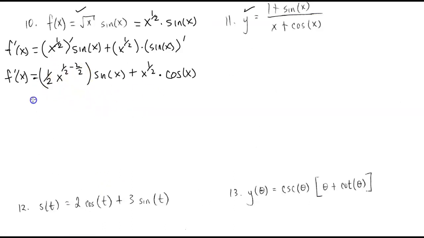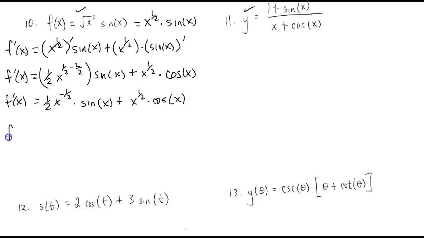All right, so now that we have this, we know that this first term is just going to be 1/2 x raised to the negative 1/2 times sine x. And this will be plus x raised to the 1/2 times cosine of x.